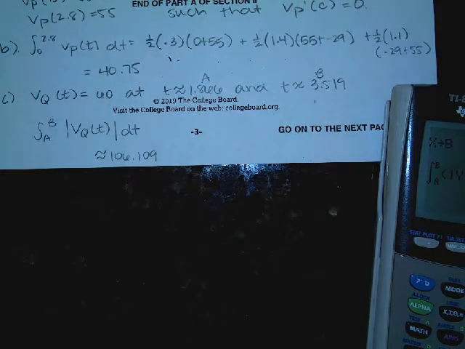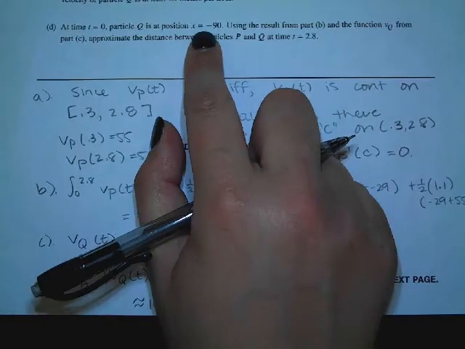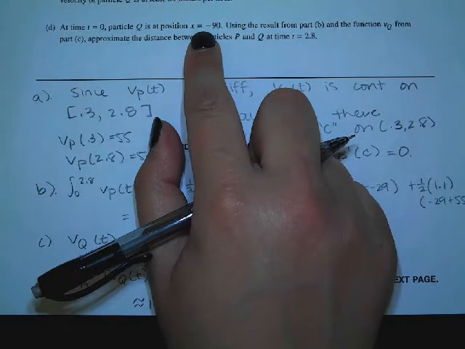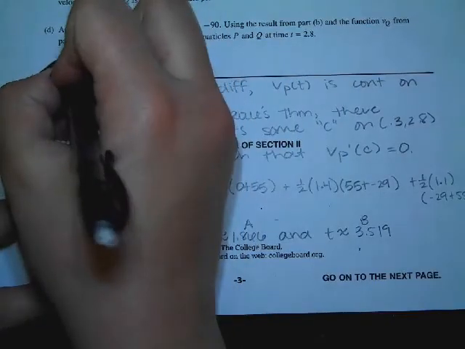All right, for part D, they want you to find the distance between the particles. So they say a particle Q that at time 0 starts at -90. And to compare the particles at a time of 2.8, I need to see where Q is.